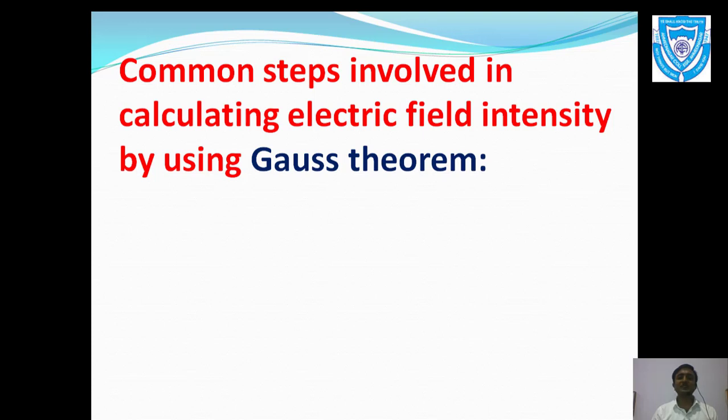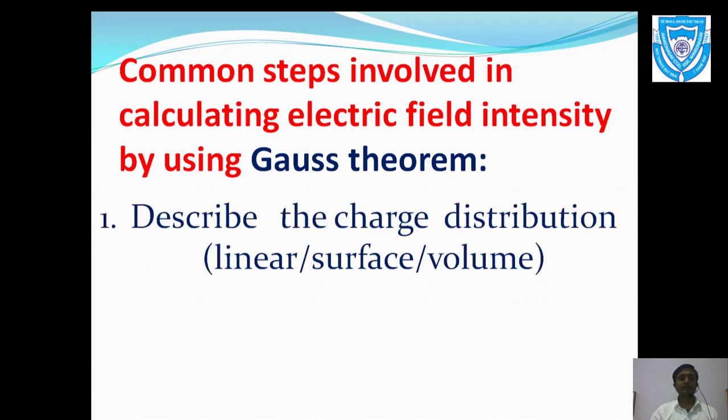Common steps involved in calculating electric field intensity by using Gauss theorem. These are the five steps which are very important for finding electric field intensity outside a closed surface, and they will remain the same throughout. The first step is to describe the charge distribution.